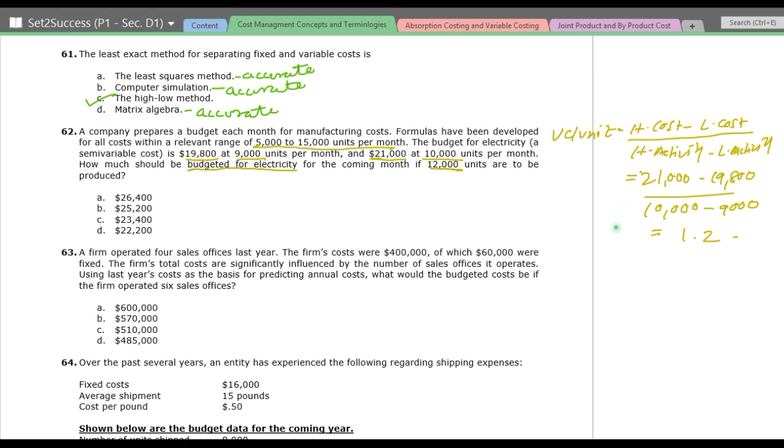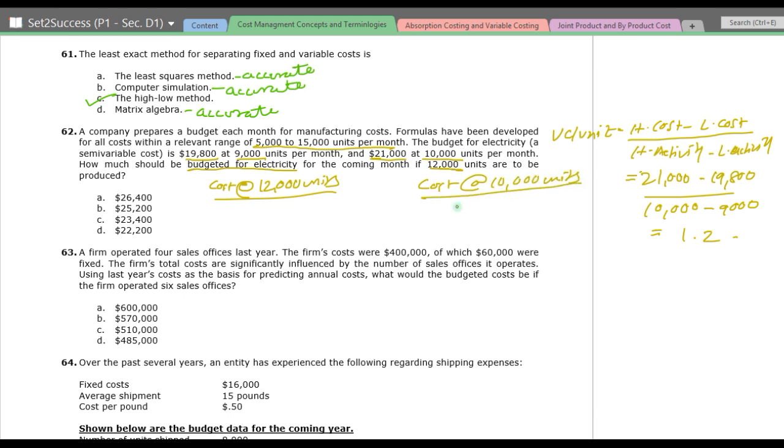Now let us find the cost at 10,000 units. Let it be cost at 12,000 units, and here let us find cost at 10,000 units.